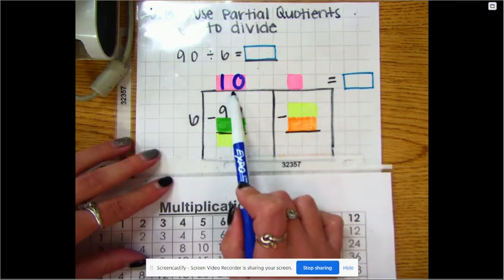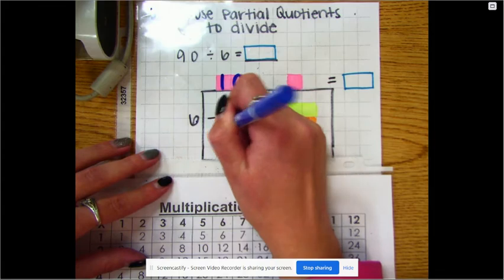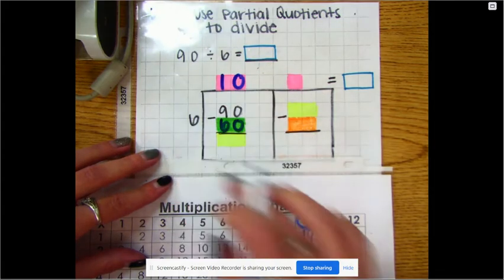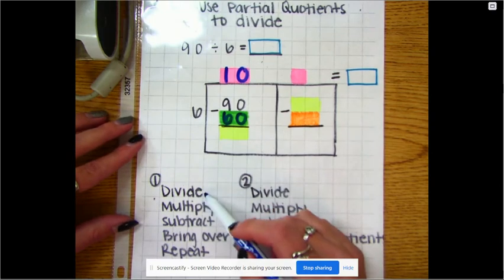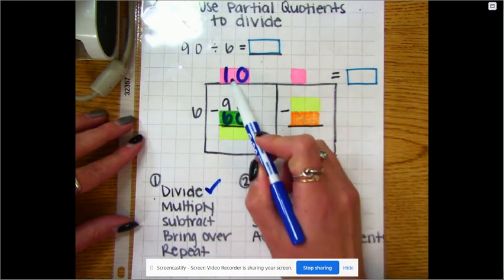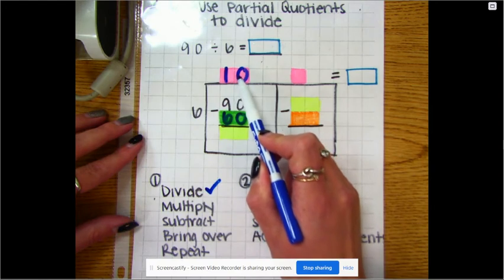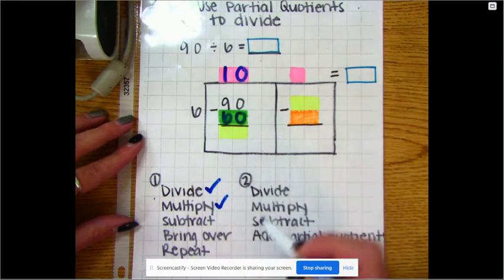Because 10 times 6 is 60. And if I look down here at the bottom, I have these steps written out. So I divided by putting my number on top. Then I multiplied 10 times 6 to give me 60.